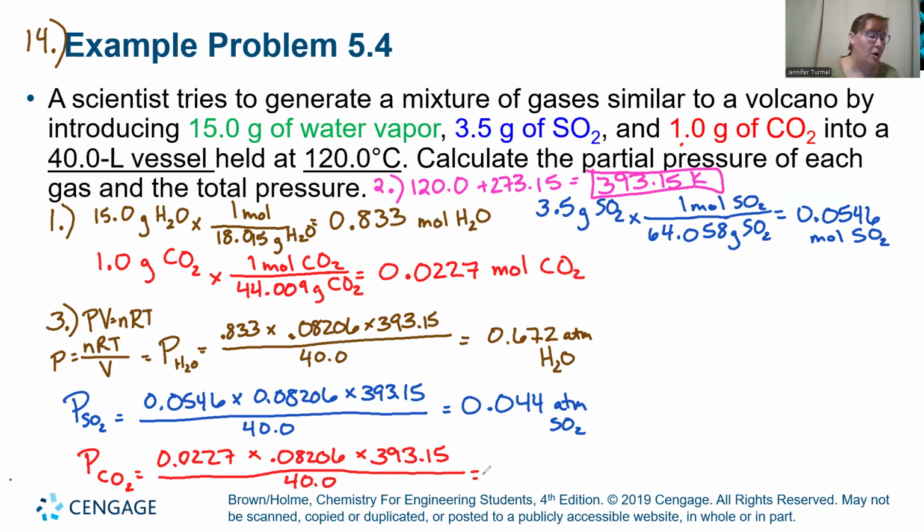That will give us a partial pressure of CO2 of 0.018 atmospheres.